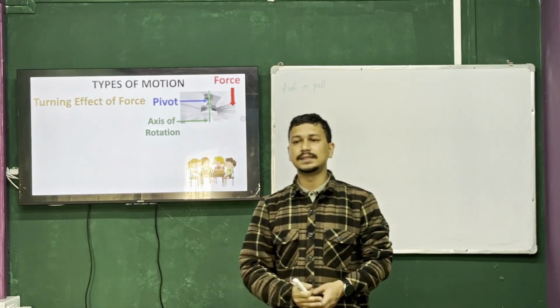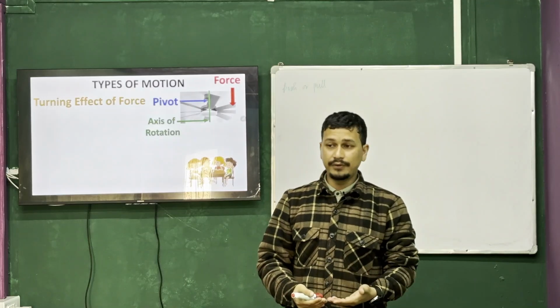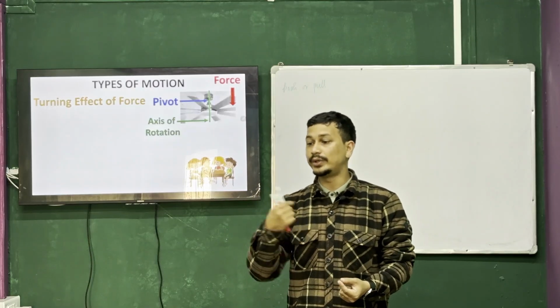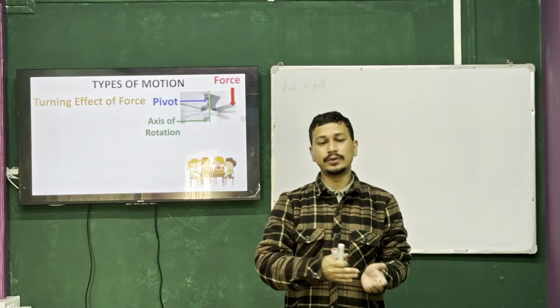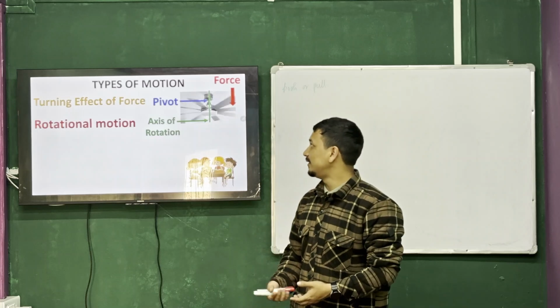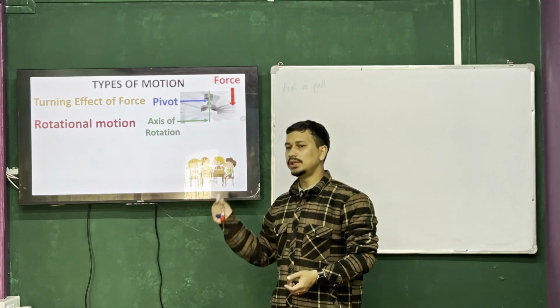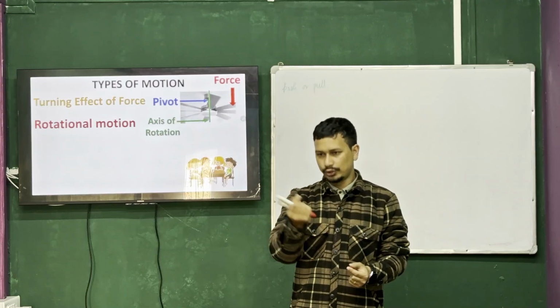This is known as the turning effect of force. So whenever a force produces a rotational motion, or a rotating body, it is known as the turning effect of a force, and the motion itself is known as rotational motion, right? Rotational because it is rotating.